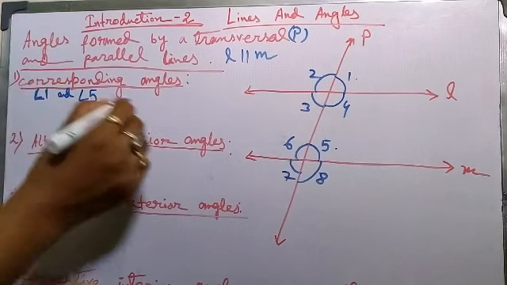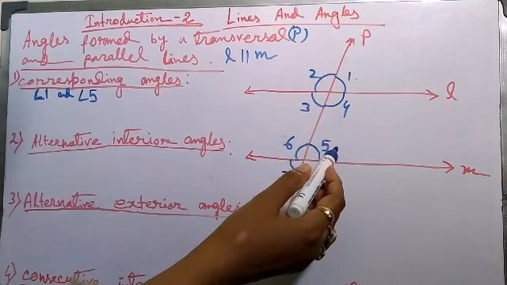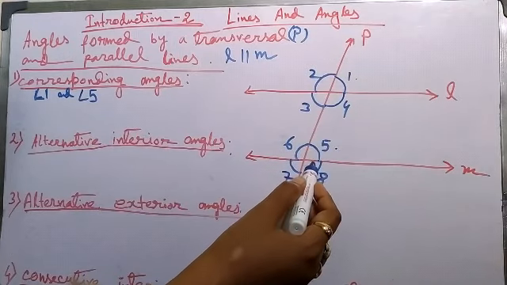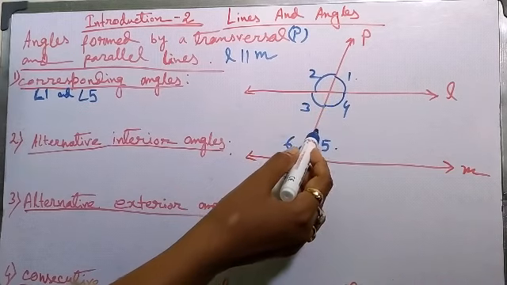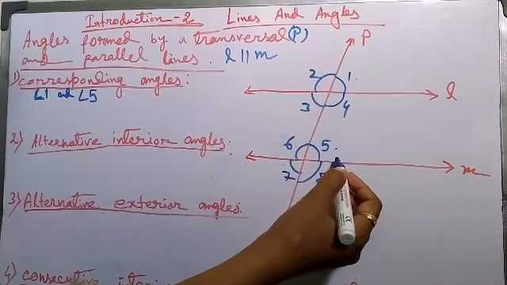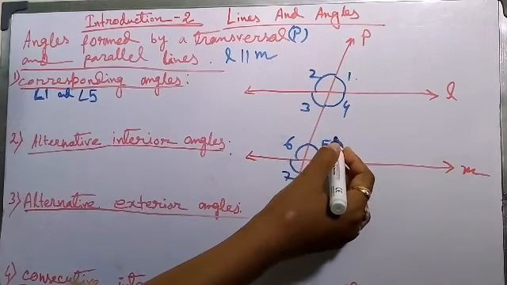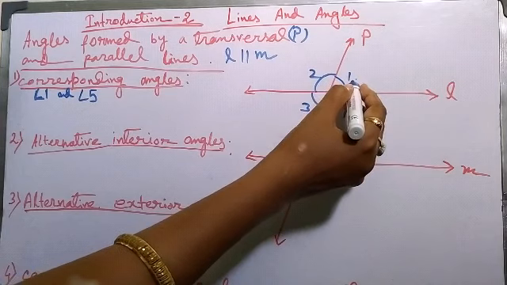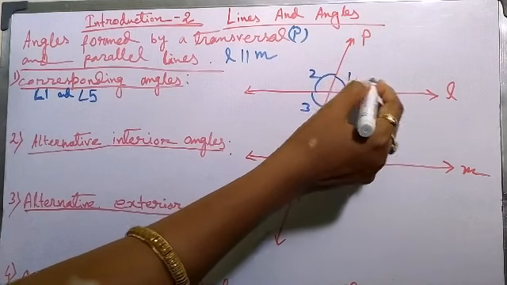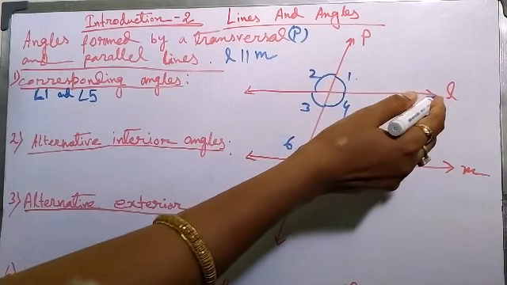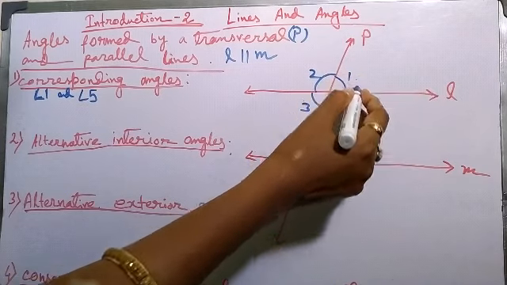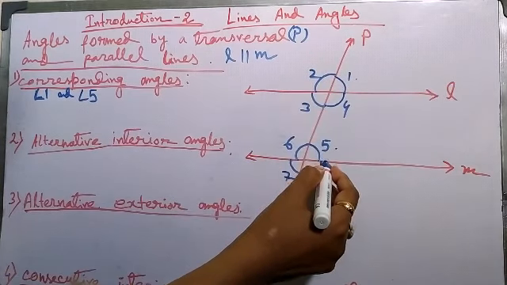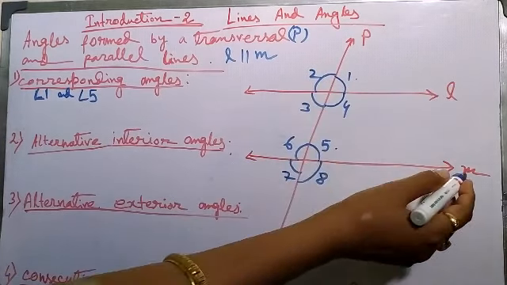We can say that these two angles are corresponding angles because these two angles are formed on the same side of the transversal and also lie on the same side of the parallel lines. That means here 1 is lying on the parallel line L, on this side. Here also 5 is lying on the parallel line M.